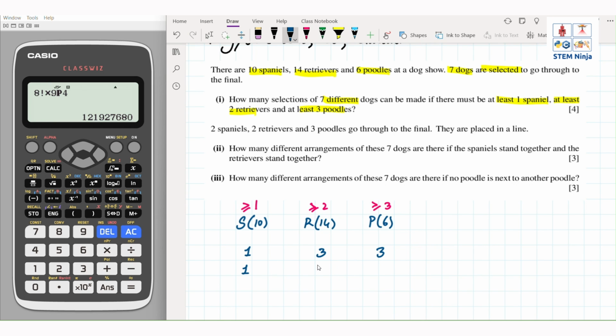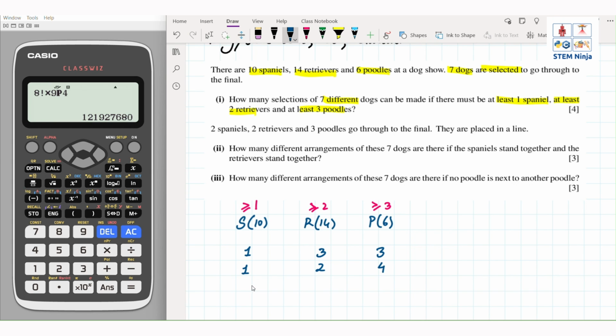Let's add 1 more poodle. That would mean 2 retrievers. Okay, and since obviously the poodles have to be at least 3, we cannot go with one less poodle over here.